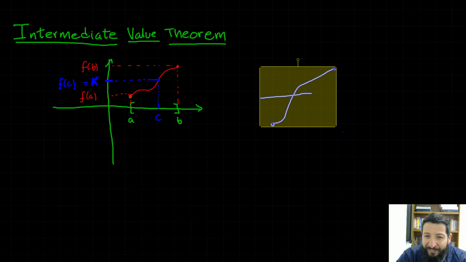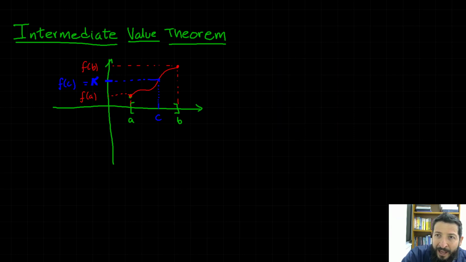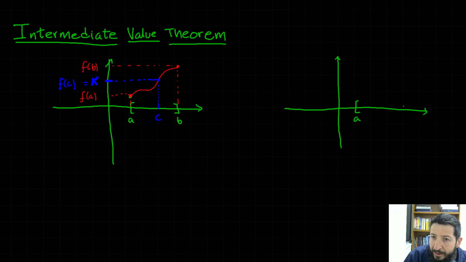But how could it fail, you say? Well, let's take a look at what happens when the function is not continuous. So let's say, how would it fail? I'm going to pick the same kind of situation, a to b. I have a value of f of a, and this one starts here.